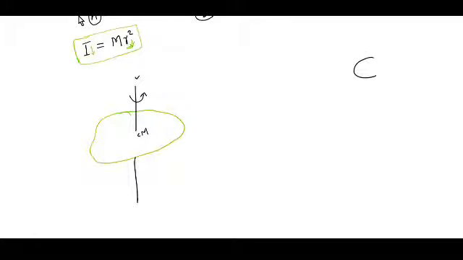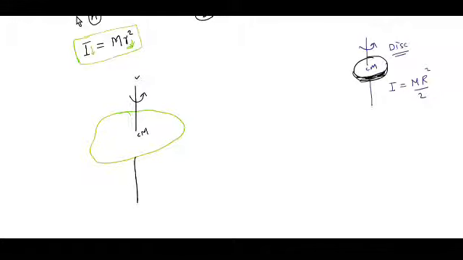The moment of inertia of a disk that we have derived, this is a disk, is m r square by 2. And this axis is the natural axis. Natural axis means an axis passing through the center of mass point and perpendicular to the plane.